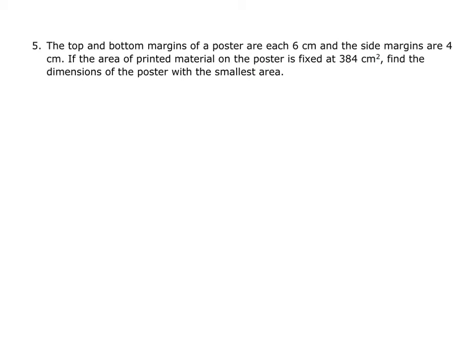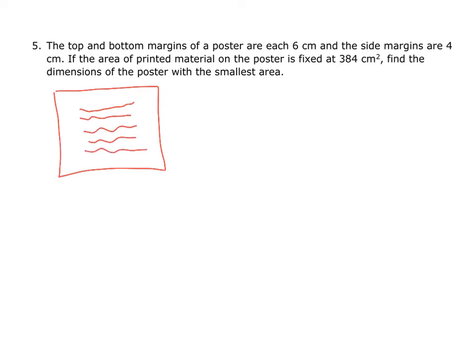All right, next one. The top and bottom margins of a poster are each 6 centimeters, and the side margins are 4. So, here's my writing and my margins. So let's see. The top and bottom are 6. So 6 and 6.